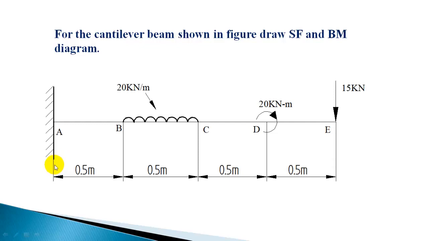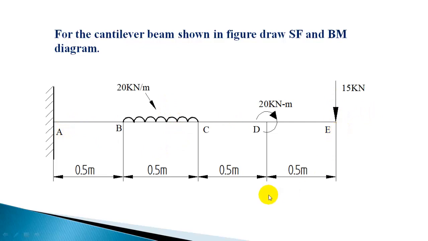To find the reactions, a fixed end will exert a resisting force and a resisting moment. Since the loads are only vertical, the resisting force will be vertical and it will act upward. And there will be a resisting moment. You can show the resisting moment in the clockwise or anti-clockwise direction, but most of the time the loads will produce a clockwise moment on the beam.